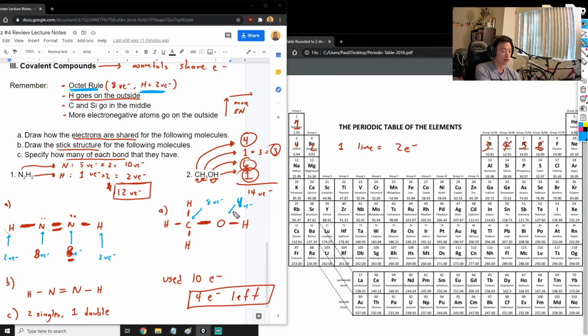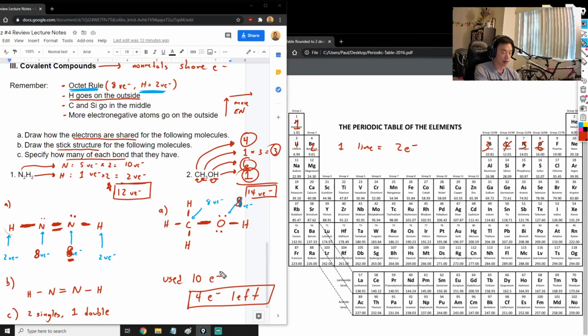Oxygen has 4 valence electrons because there's only 2 lines connected to it. So oxygen still needs 4, but carbon has 8. That means only oxygen needs more electrons. Lucky for us, we have 4 electrons left to use. So what we're going to do is draw 4 dots on oxygen, which means oxygen is now at 8, and we've used 14 valence electrons.